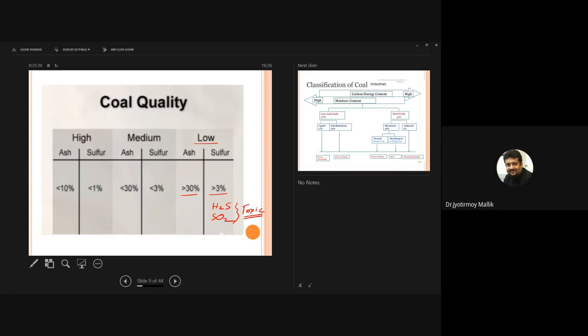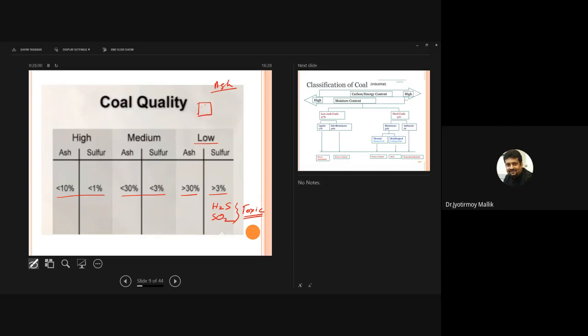Okay, then medium. So if more than 30% ash, we call it low quality coal. If the ash content is less than 30%, more than 10%, we call it medium quality coal. And then if ash content is less than 10%, we call it high quality coal. Okay, so why is this called ash? So say for example, I have a coal block.